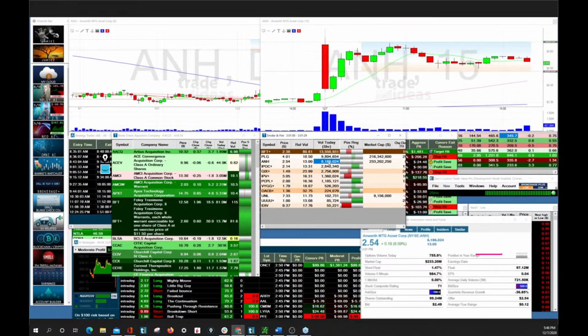If the volume levels are healthy enough, typically it's going to be liquid and the spreads are going to be relatively small as well. So whether you trade the common or choose to get more leverage with the warrants, it opens up a new avenue to increase your leverage. Of course, with increased leverage comes a little bit more risk as well.